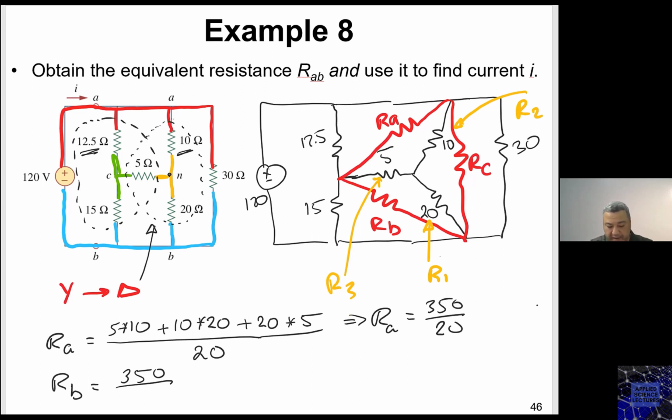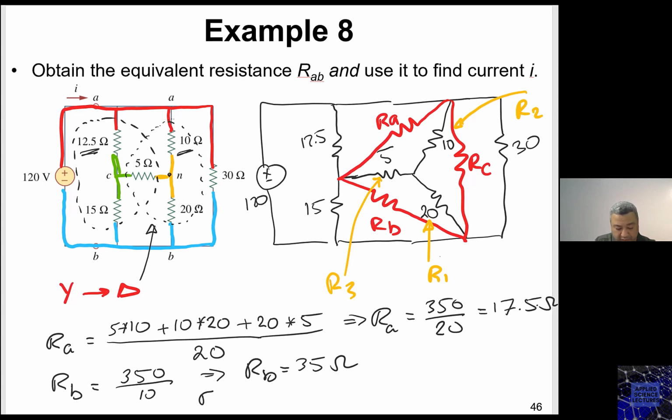RB is 350 divided by 10, which is 35 ohm. So I have here RA equals 17.5 ohm.